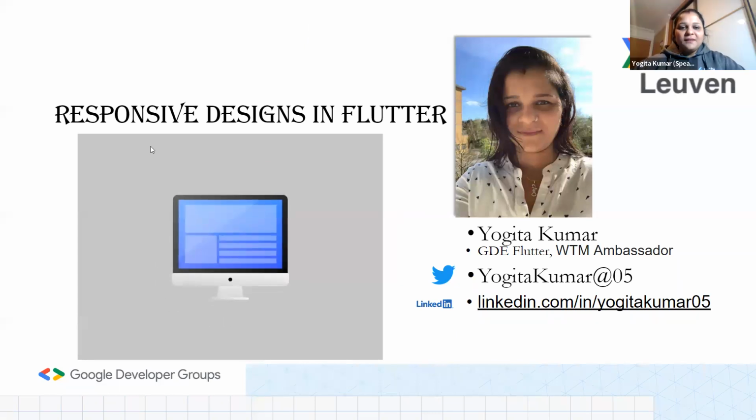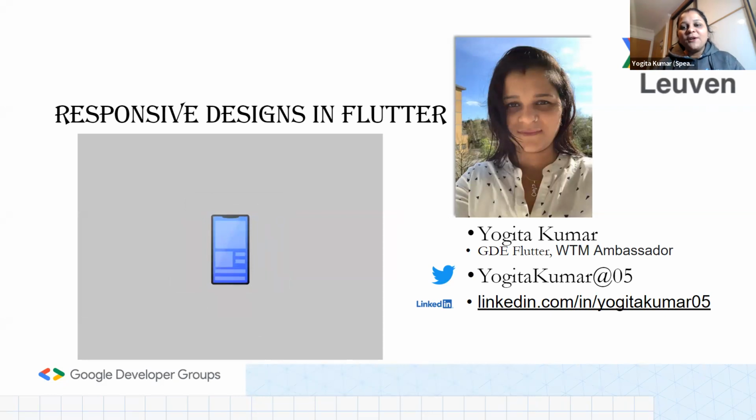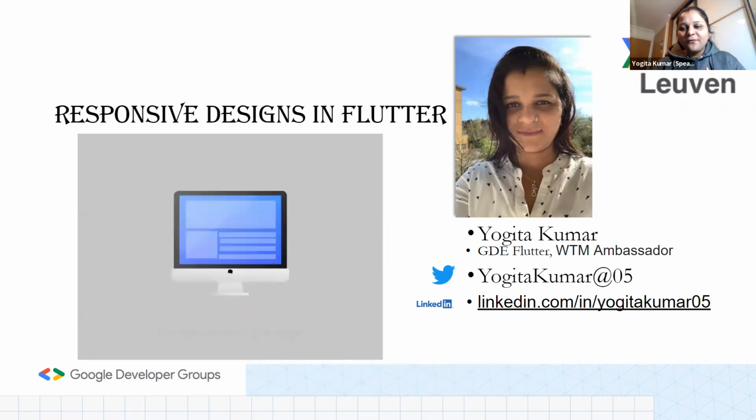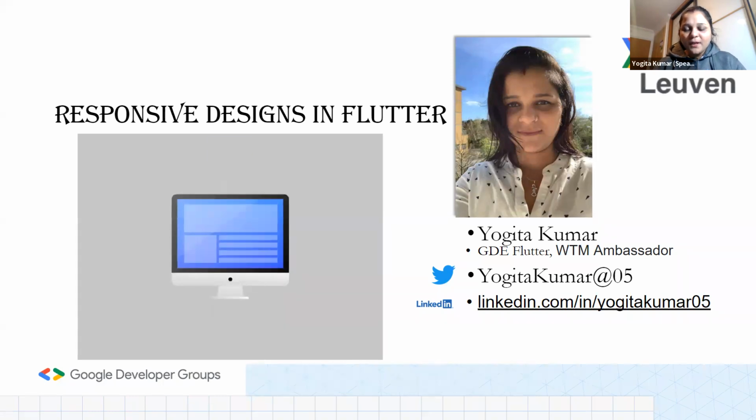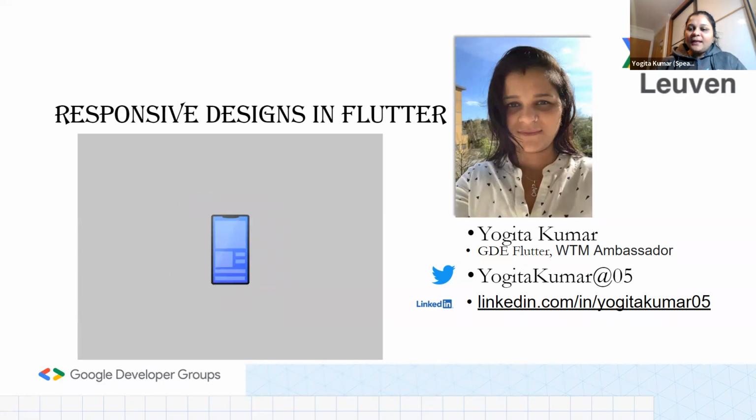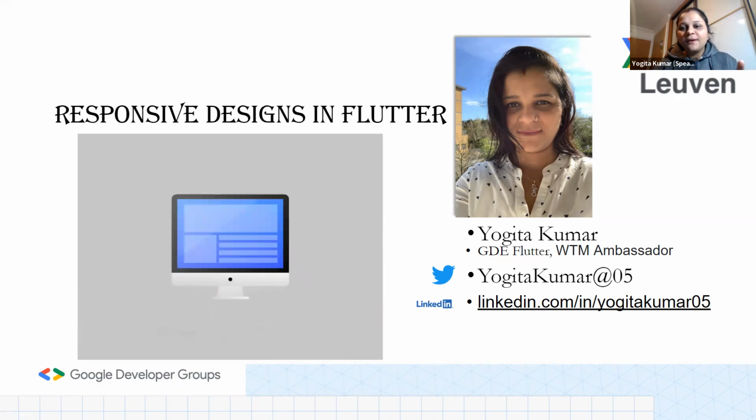Now we have seen what Flutter is, and we know that Flutter uses a single code base across different platforms. When you design the application for mobile and use the single code base for a web or desktop application, you get a bigger screen.